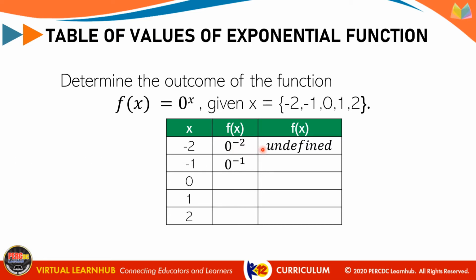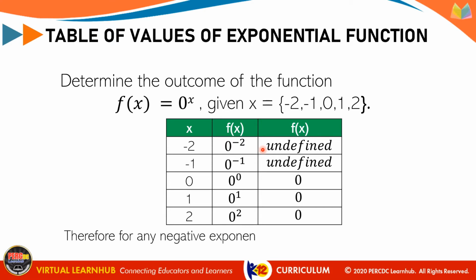Likewise with negative 1, 0 raised to negative 1 is undefined. However, 0 raised to 0 is 0. 0 raised to 1, that is still 0. 0 raised to 2, and that is still 0. Therefore, for any negative exponent, the function will be undefined and 0 elsewhere.